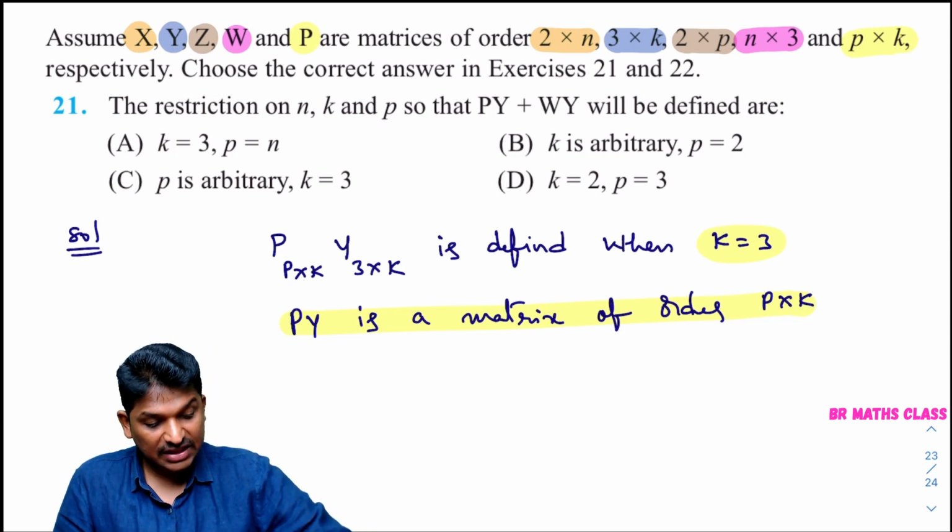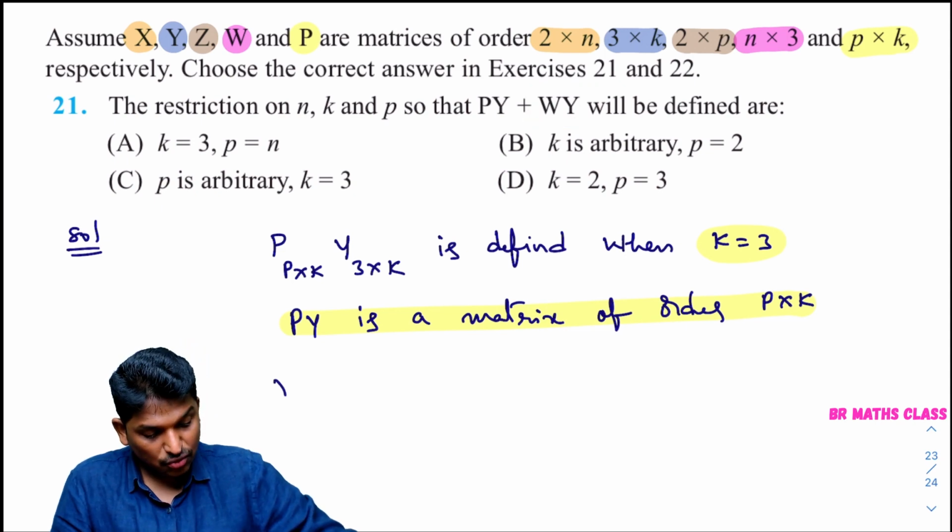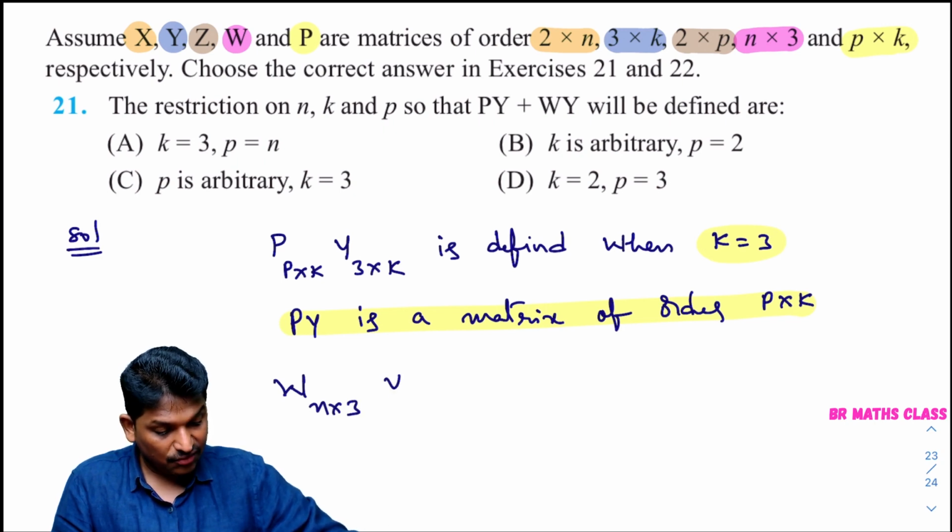Right, now we will think about WY. W is a matrix of order n by 3, and Y is a matrix of order 3 by k.